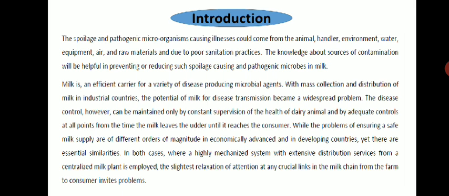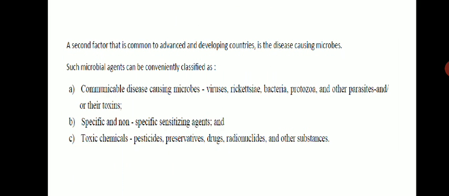A second factor common to advanced and developing countries is the disease-causing microbes. Such microbial agents can be conveniently classified as communicable disease-causing microbes, such as viruses, rickettsias, bacteria, protozoa and other parasites and their toxins.